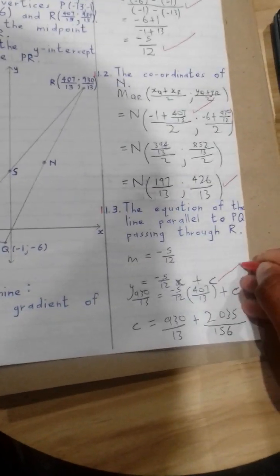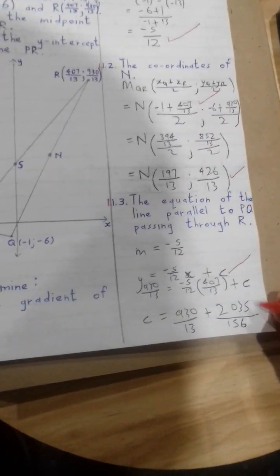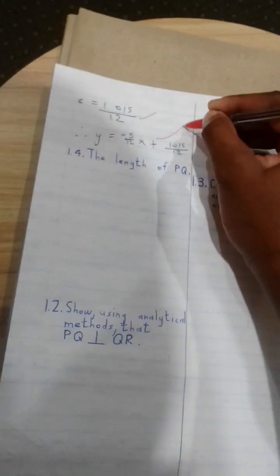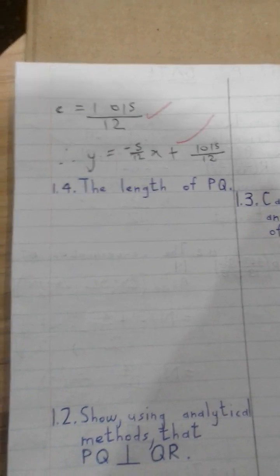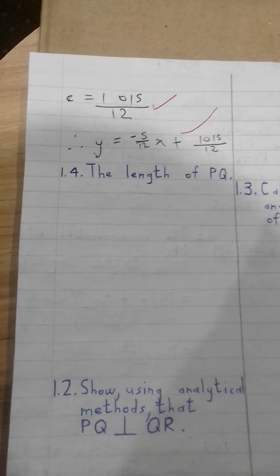So our answer is correct. Okay, hope that is clear and I hope that makes sense. So here you get a mark for formula, finding C, as well as the equation, most likely.